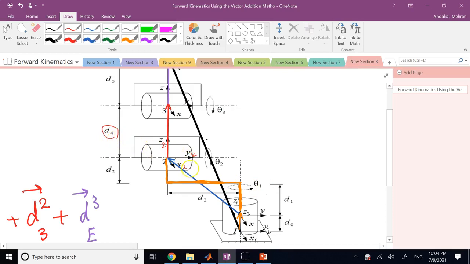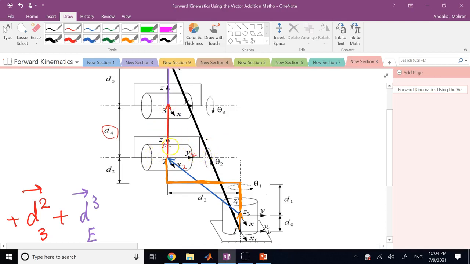Now this frame 2 is attached to this member in red as well, so it is also rotating with angle theta 2 about the y2 axis.